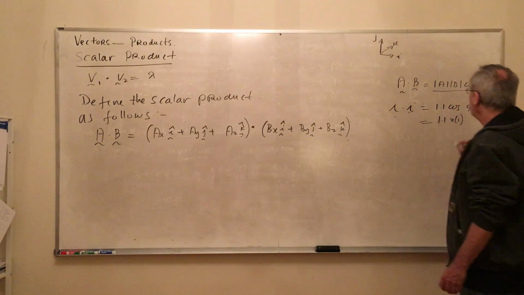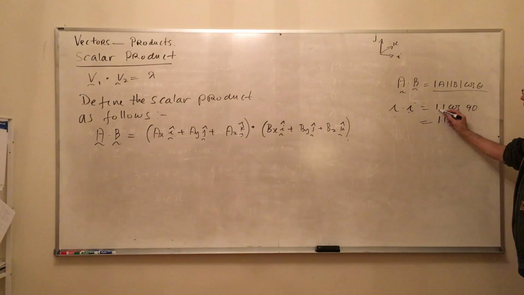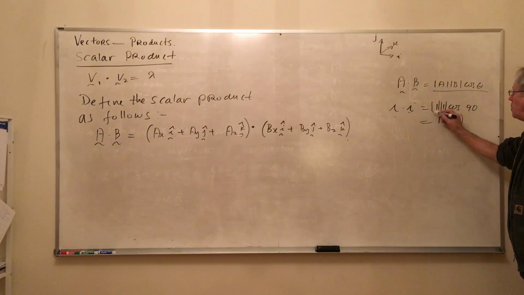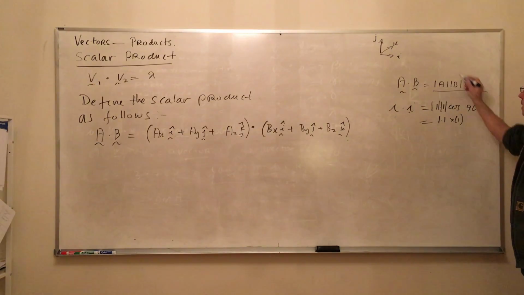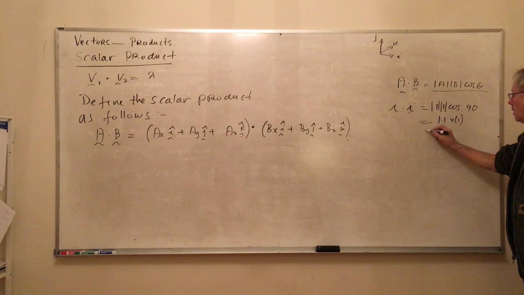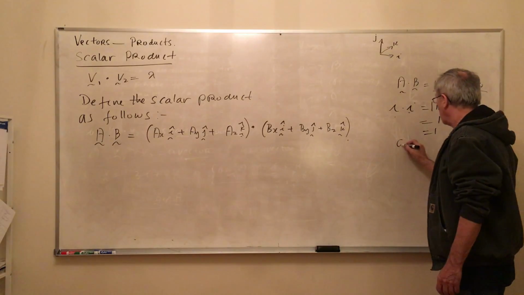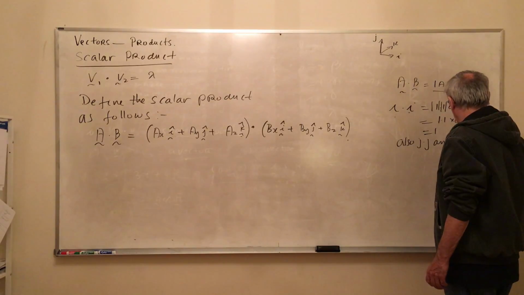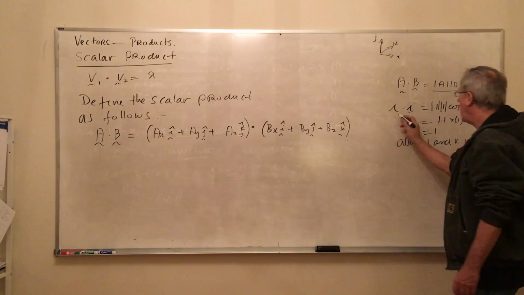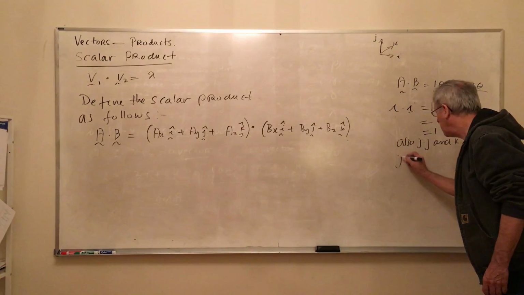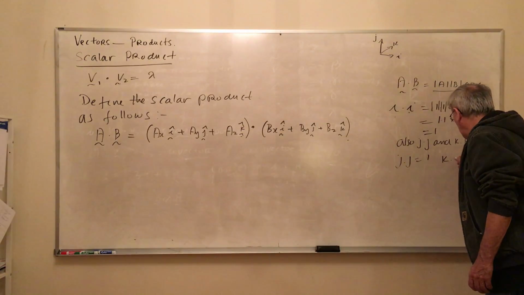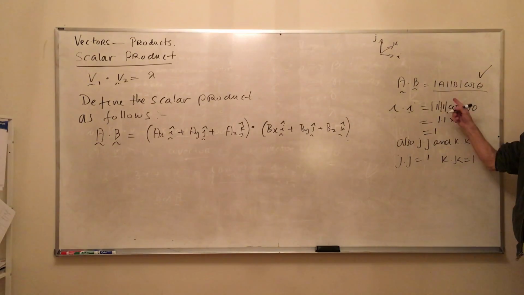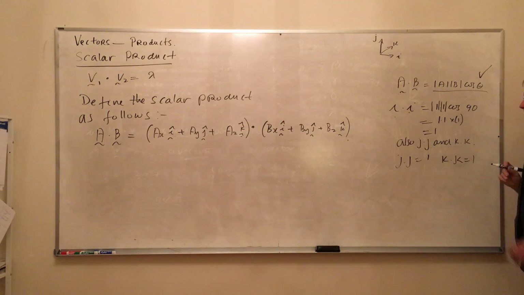So that i dot i, because it's going to be the magnitude of i, 1, times the magnitude of i, 1, times cosine 90, which is 1, which is 1. So i dot i is 1, j dot j is 1, k dot k is 1. If we stick to this definition, and we do, we put this in by hand. We define this to be the case.